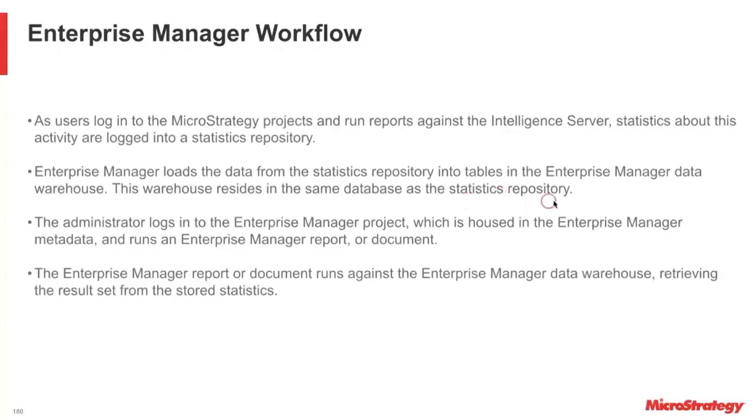And once the data has been populated or taken into the Enterprise Manager, populating those tables, then you have an administrator who goes into the project and starts running reports and documents, similar to what we've just done there, assuming the first two steps had already been taken. These reports or documents are running against the Enterprise Manager data warehouse, depending on what data warehouse it is.